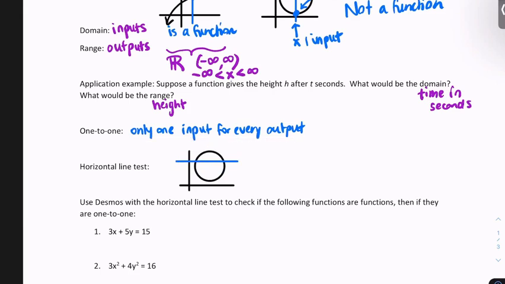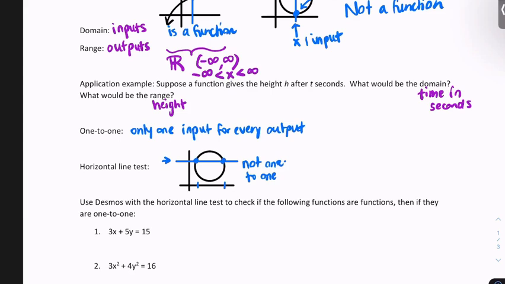So this y value, whatever this y value is, hits two inputs. So this, let's see, right about there and right about there. So we've got just two inputs for that one output of that y value. So this does not pass the horizontal line test, so this one is not one-to-one.